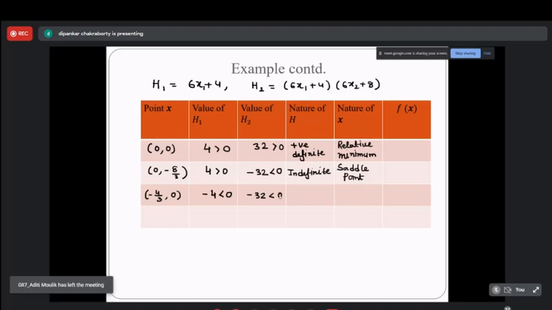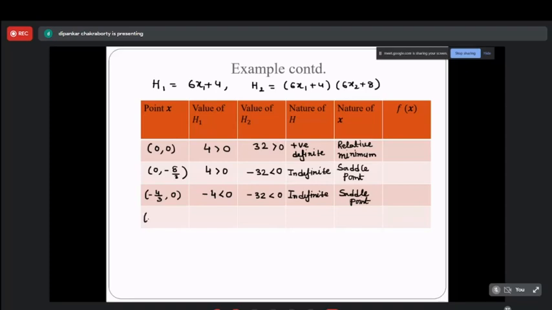Negative definite? No, they have to be alternate in sign, starting with minus. Are they alternate in sign? No. As they are not alternate in sign, this one will again be indefinite. So the nature of the point will be a saddle point.